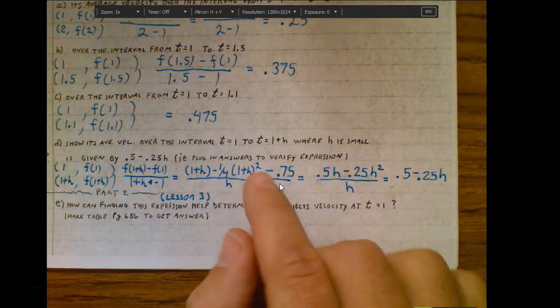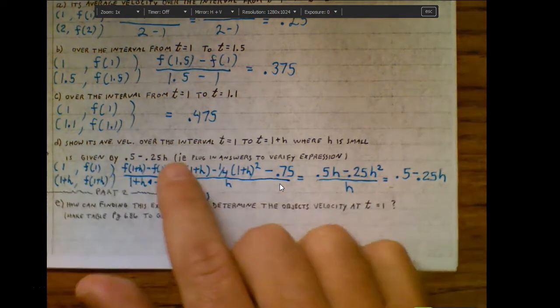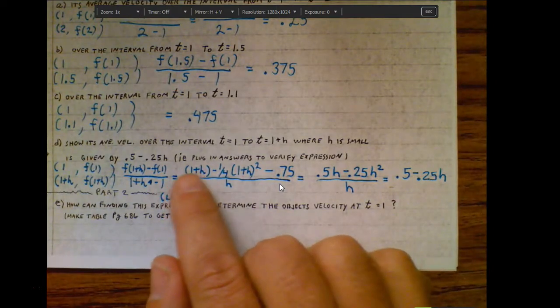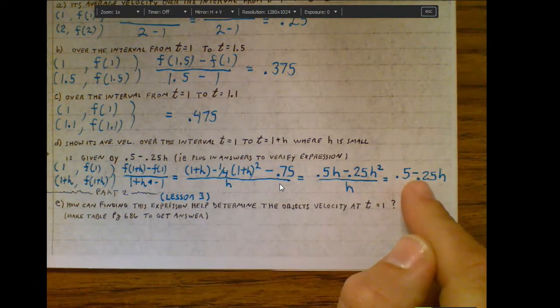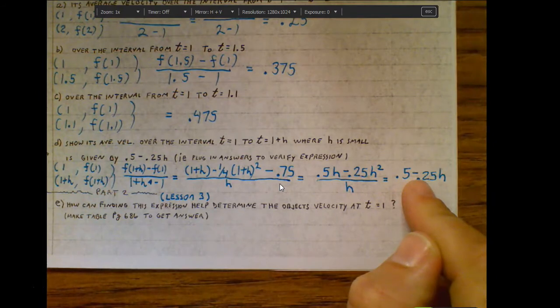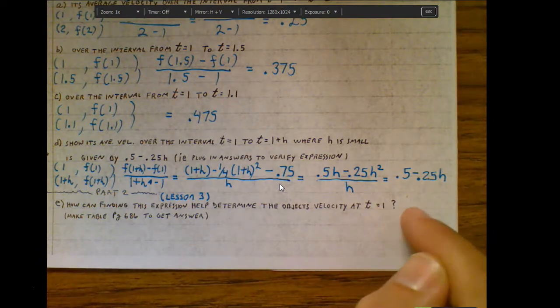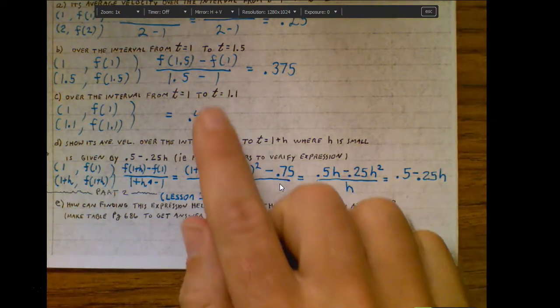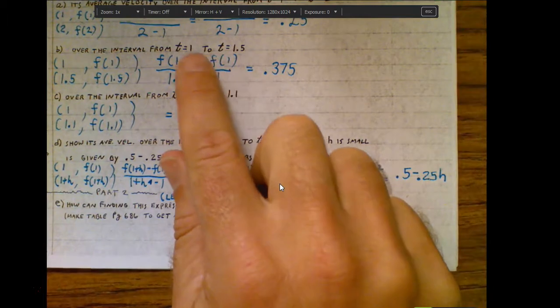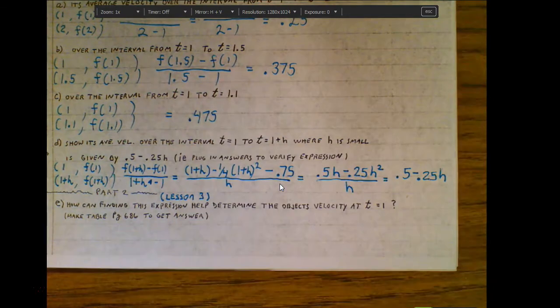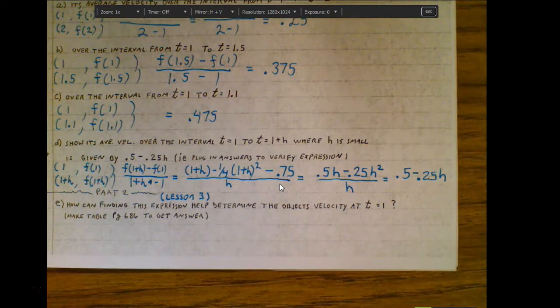So what we did here on the last part of lesson 2 was we developed an expression for the rate of change for any amount of time from 1 to 1 plus anything. So when we said from 1 to 1 plus 0.5, that meant that our h value was 0.5.